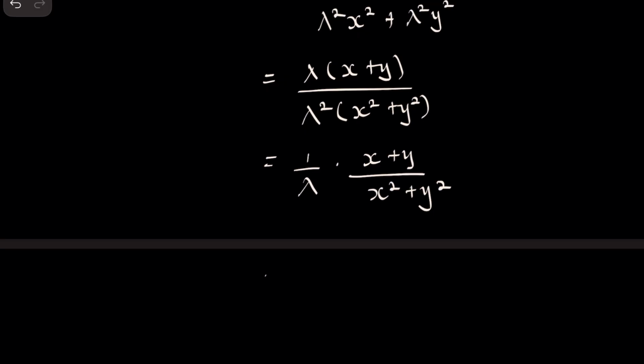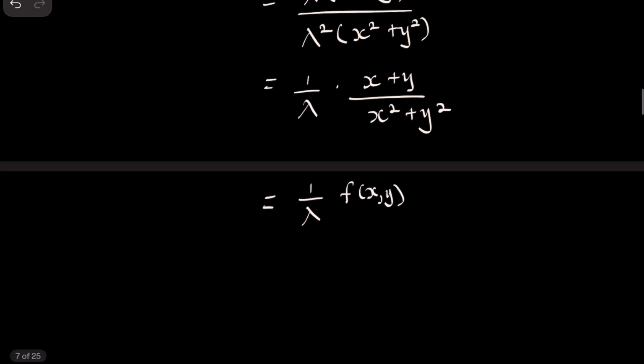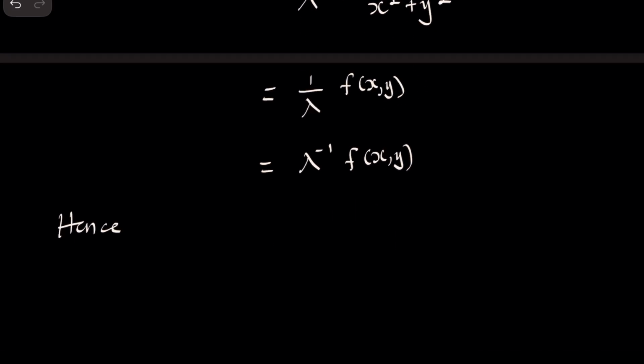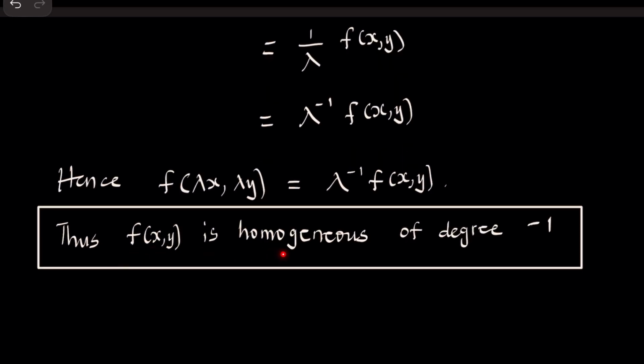So we rewrite this as 1 on lambda times f of x y, which is the same as writing lambda exponent minus 1 times f of x y. Hence, f of lambda x, lambda y is equal to lambda exponent minus 1 f of x y. Thus, f of x y is homogeneous of degree minus 1.